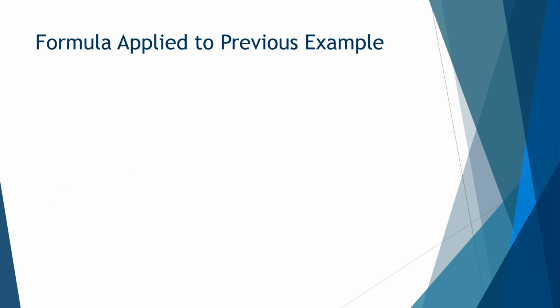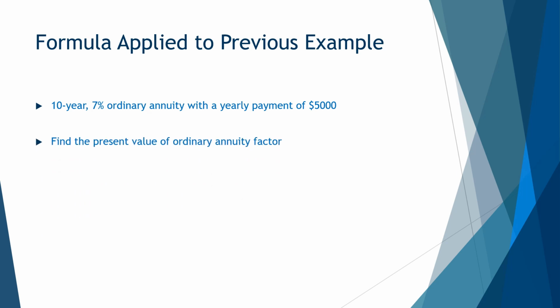Let's look at that formula applied to the previous example. 10-year annuity, 7%, yearly payment of $5,000 that occurs at the end of the period. So we just want to calculate the ordinary annuity factor first. We plug in all our variables, right? 7% is the interest rate, 10 is the number of periods, in years.